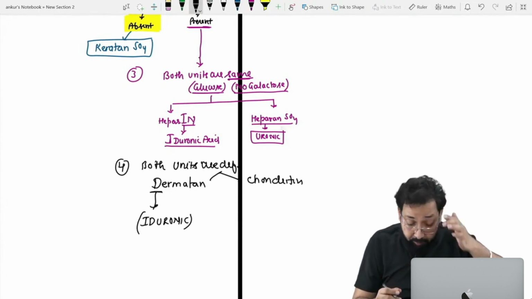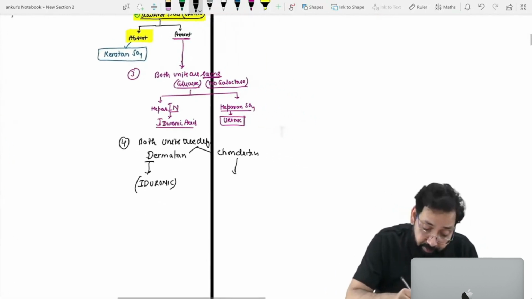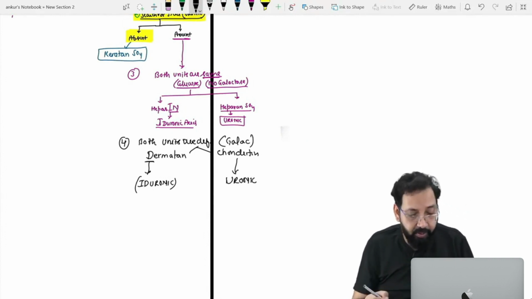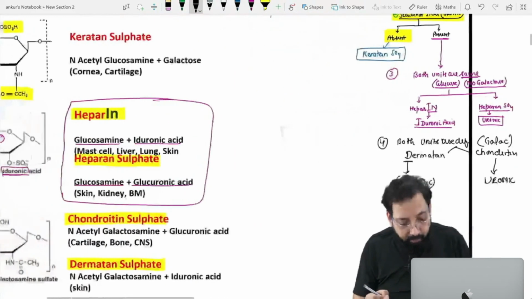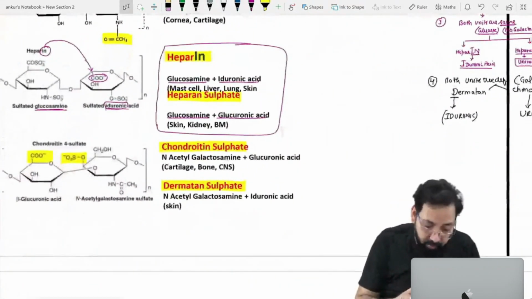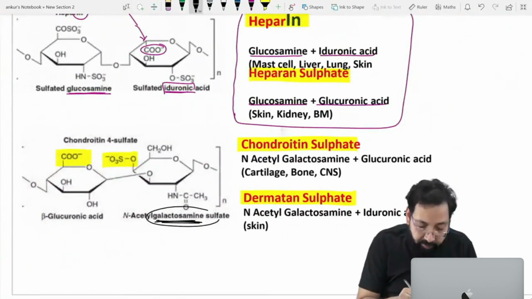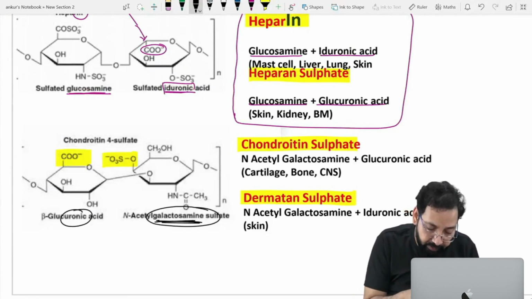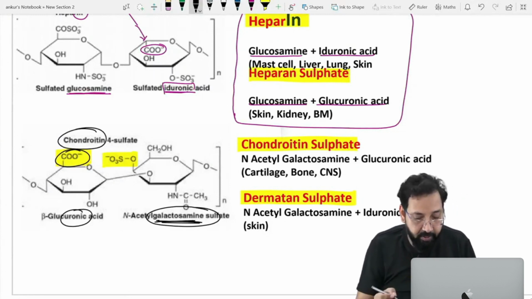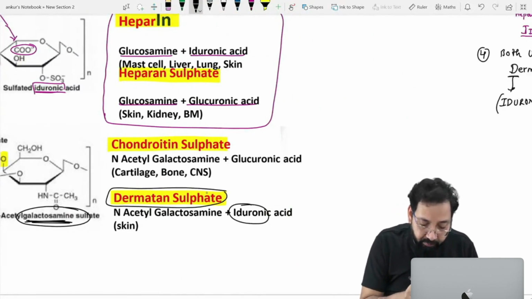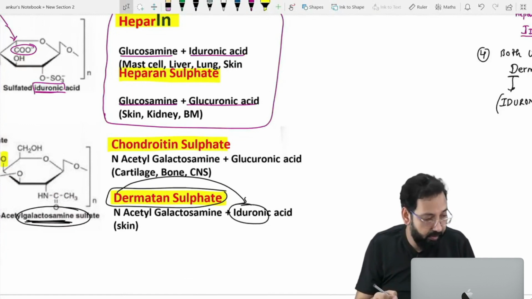Dermatan sulfate has iduronic acid, chondroitin sulfate has glucuronic acid. It means one unit would be galactose. So yes, chondroitin sulfate, one unit is galactosamine. Galactosamine, and glucuronic acid is there, chondroitin sulfate, and iduronic acid is there, dermatan sulfate. D for iduronic acid.